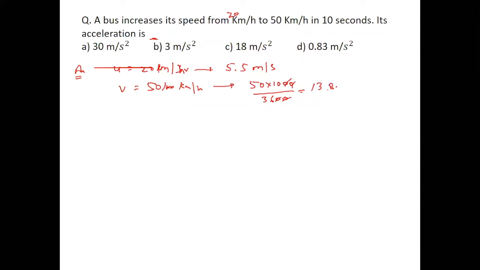Good, meter per second. Time is given, 10 seconds. So you can use the same formula, v equal to u plus at. Put the value and calculate the acceleration.